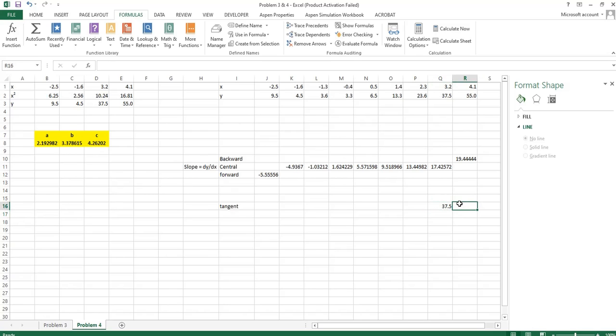Now let me come in. The formula we have here 0, we have here 1, because this is the first step forward. The first step forward is 1. The second step backward is minus 1. The first step backward is minus 1. The second step backward is minus 2. The third step backward.